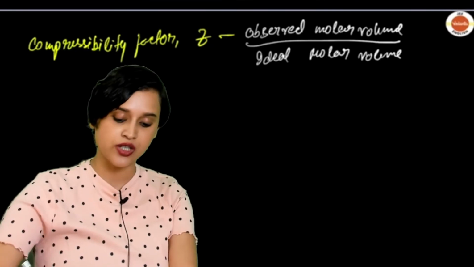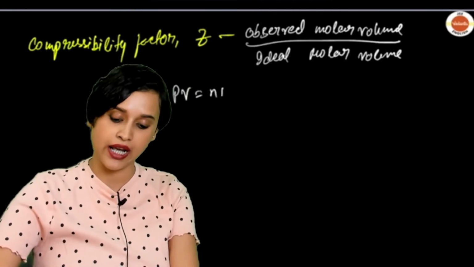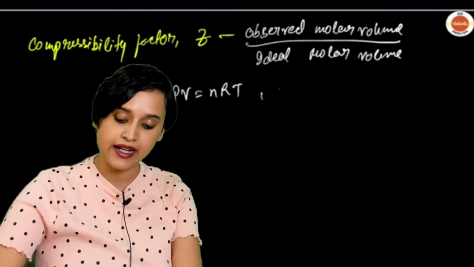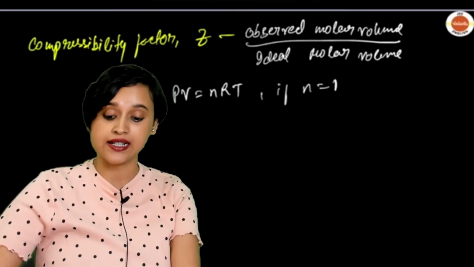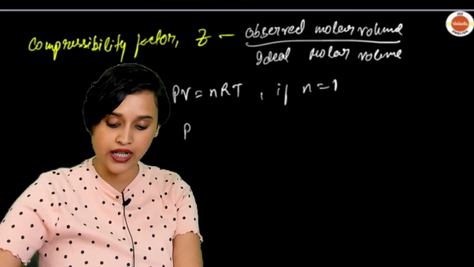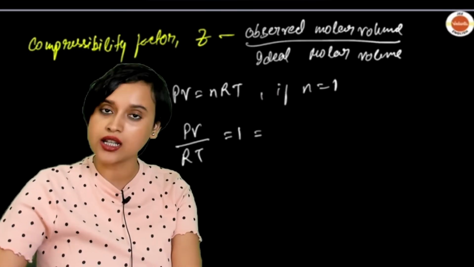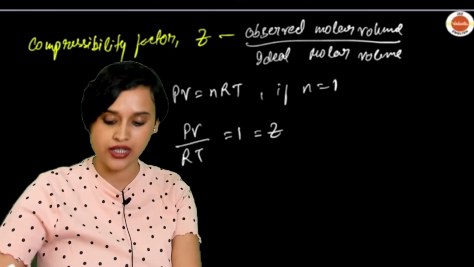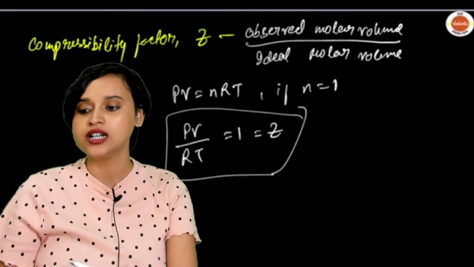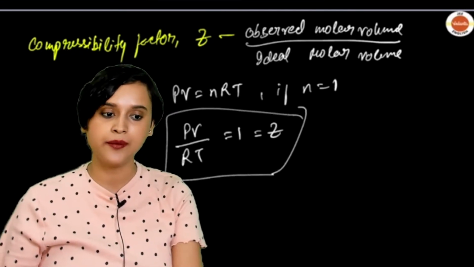Which means we know that PV is equal to nRT, right? And if I consider that n is equal to 1, what can I write? I can write PV by RT is equal to 1, which is nothing but a constant, and that, my dear student, is your Z. Got it?